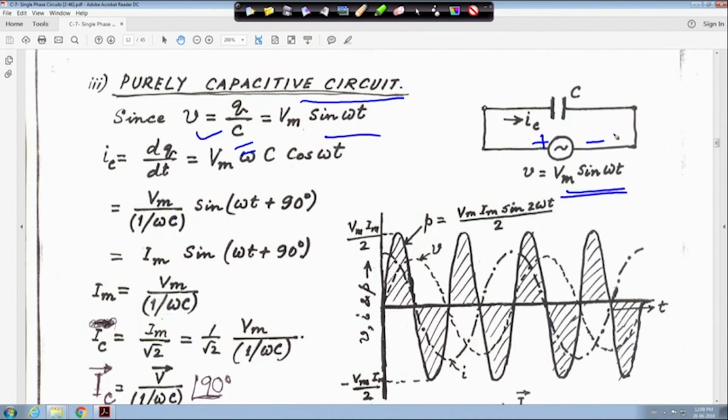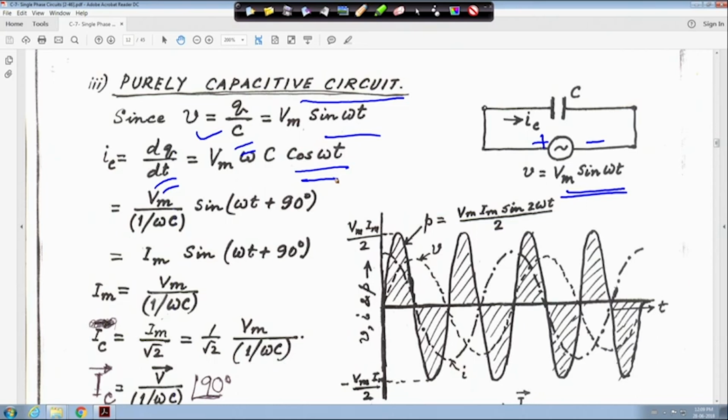And IC is equal to dq by dt, you know that. Therefore, if you take the derivative, I is equal to dq by dt, so it will be Vm omega c cos omega t.